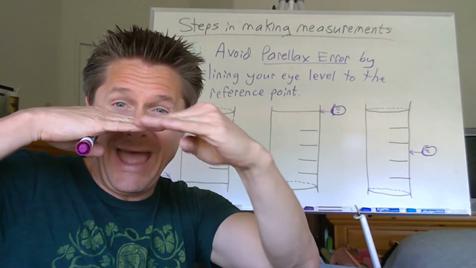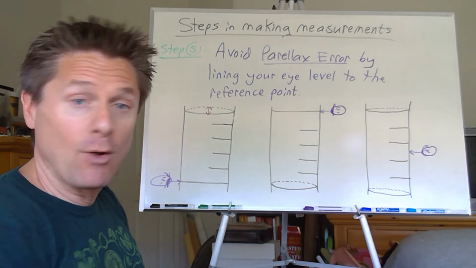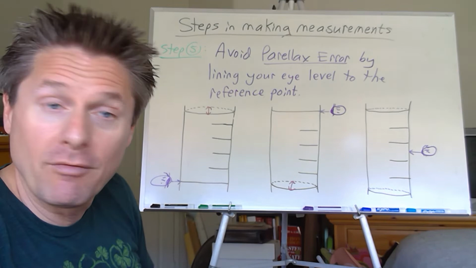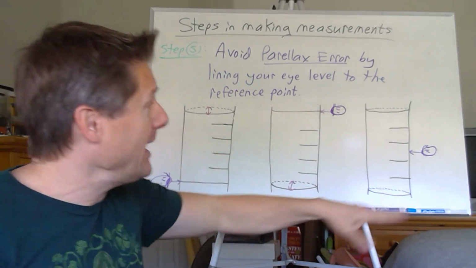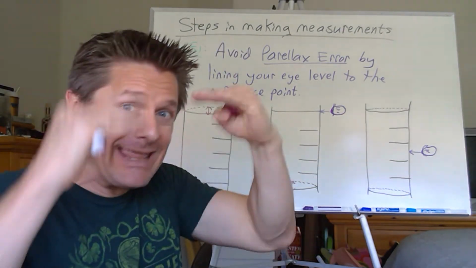Then the front and the back overlap each other. But the further I get from this one, the bigger that oval gets. And if I'm halfway in between, then the oval width should be the same because I'm not looking at either increment.